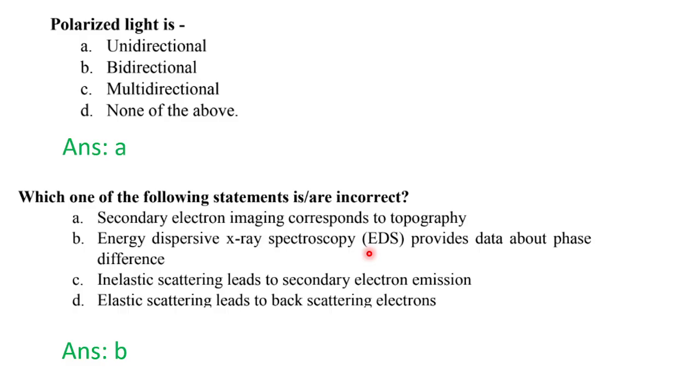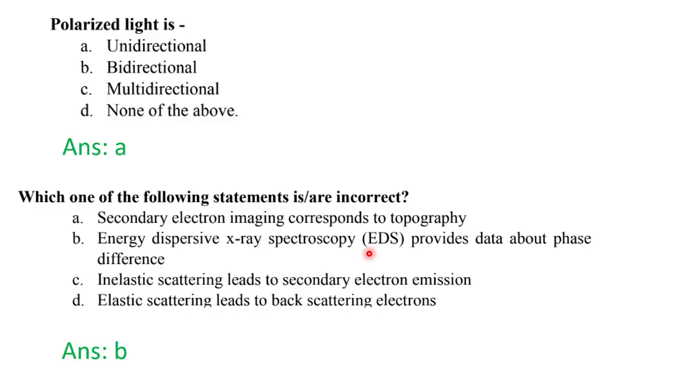Why is it incorrect? Now, with energy dispersive X-ray, we will get the elemental composition. It's not phase difference. We will get what the different elements are, because it is the inherent property of an element, from which element the electron is releasing.